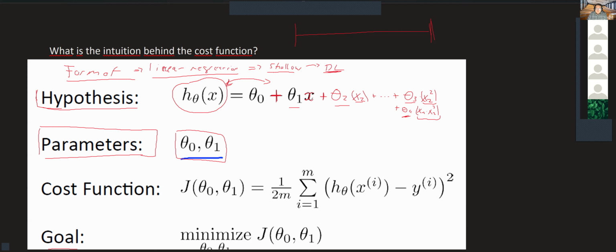Having said that, what's important is that the form of the hypothesis is what we choose at the beginning, and we also choose the input variables that go into the form of the hypothesis. So these are two separate things. We can also talk about the architecture, and this will be specifically true when we talk about deep learning models.